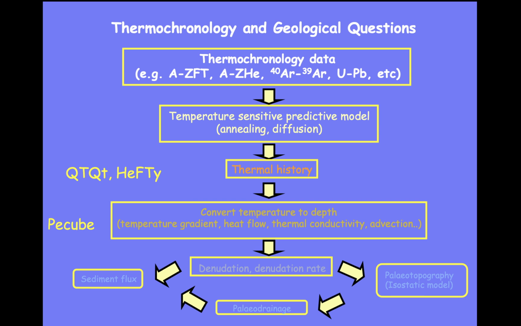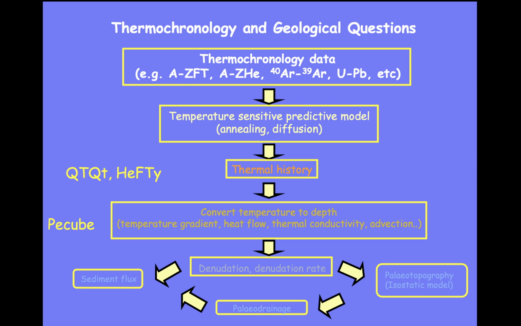But there are other software such as Pecube, which are much more sophisticated, incorporate the physics of heat transfer, let us model things in 1, 2, 3D, require more parameters to be specified. Those parameters are relevant to the heat transfer problem, so properties like the thermal conductivity, the thermal diffusivity, perhaps heat production.